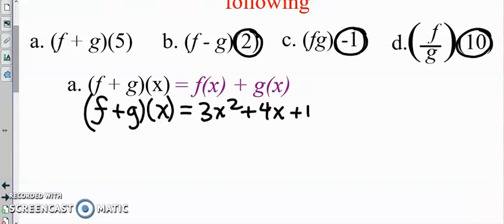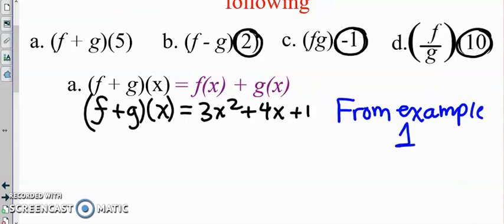This is from example 1a. So we have the equation from example 1. That's what we found, that's our solution, our answer.